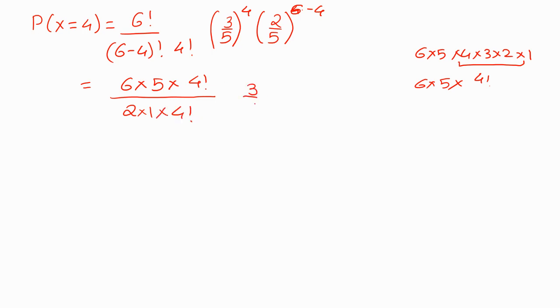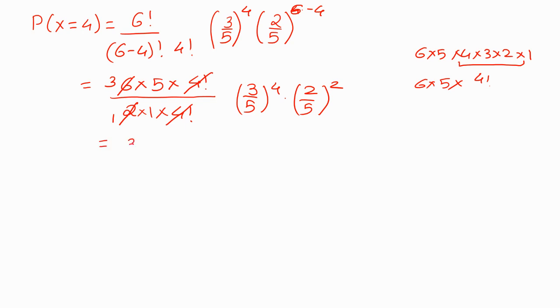Now what is this? 3 by 5 raised to the power 4 and 2 by 5 raised to the power 2. So I can cancel out my 4 factorial here. I can cancel out my 2 with this 3.